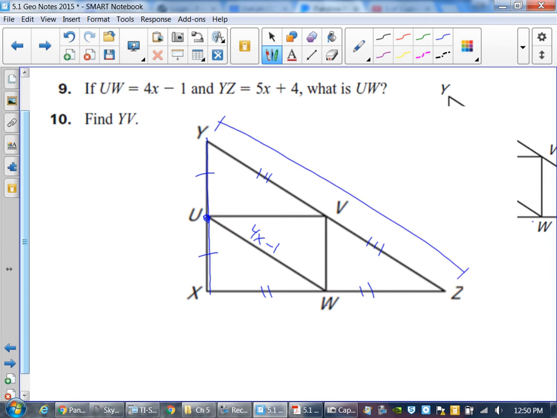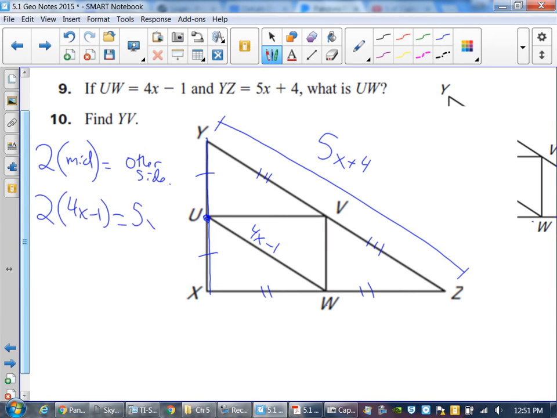This whole thing is 5x plus 4. If I double the mid-segment, it equals the other side. So you just write it out: 2 times the quantity 4x minus 1 is 5x plus 4.